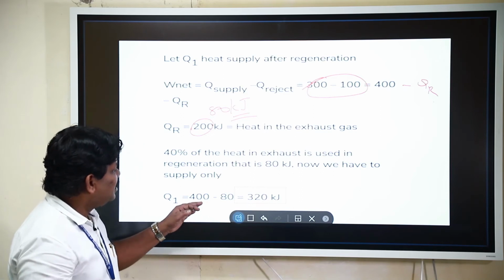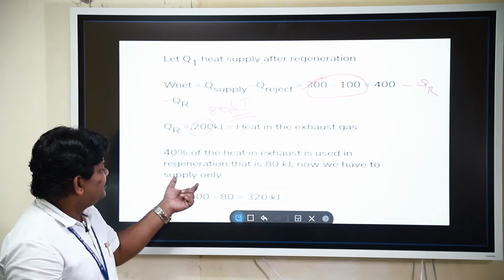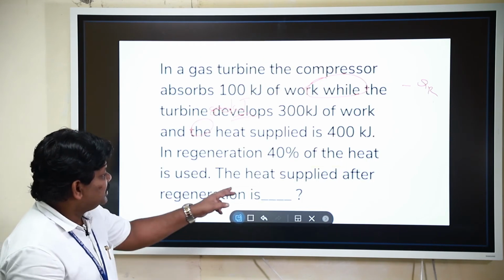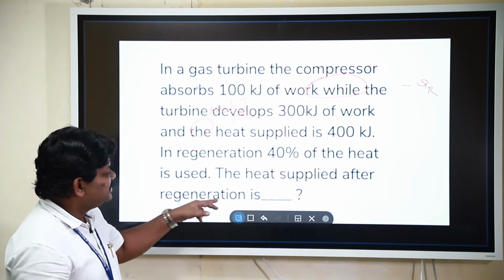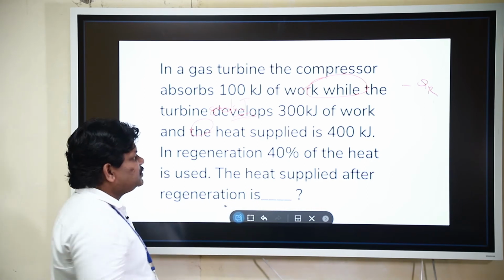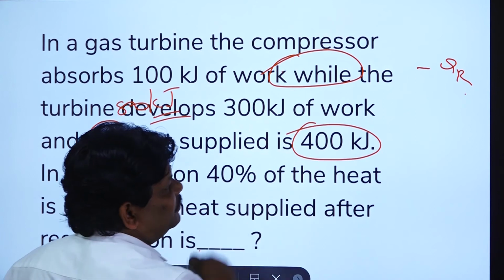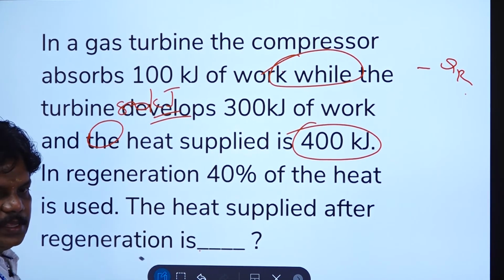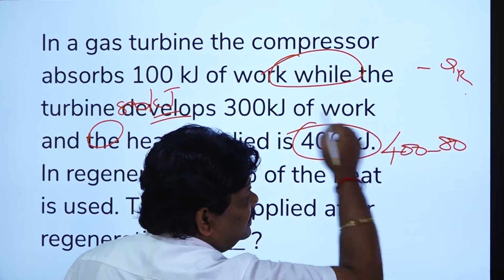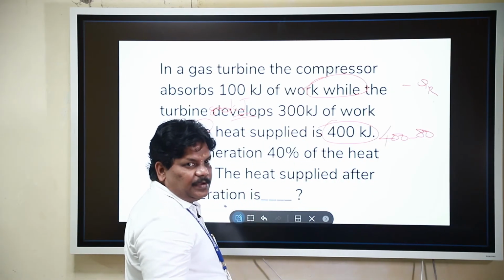So we have to supply around 320 kilojoule. Actually the heat supplied without regeneration is 400 kilojoule, so you subtract 80 kilojoule, that is the 40%, from that 400.